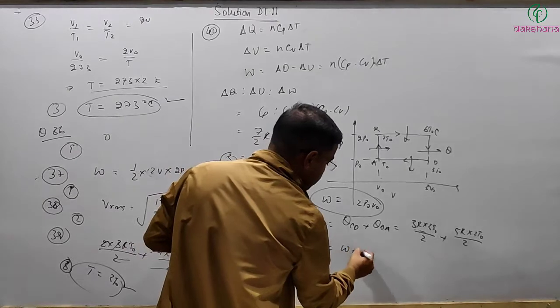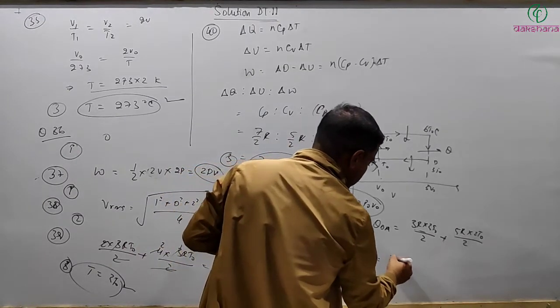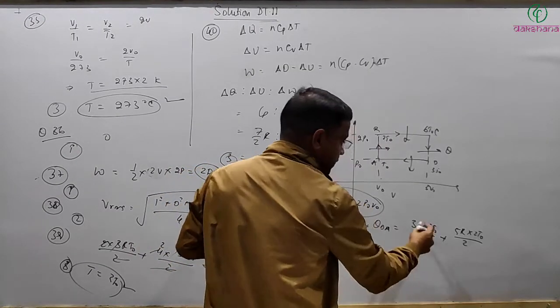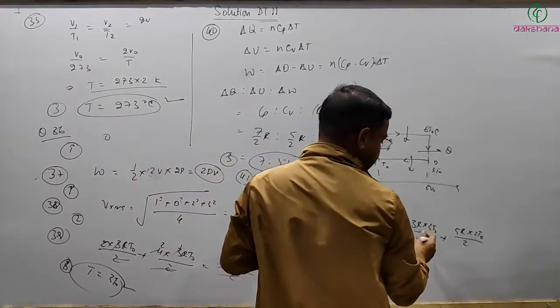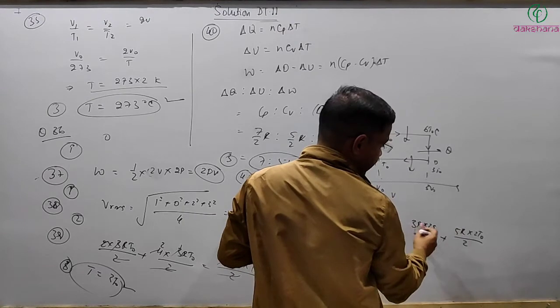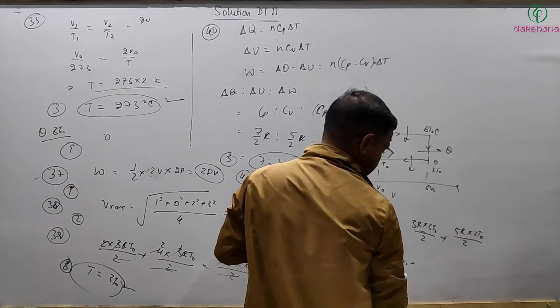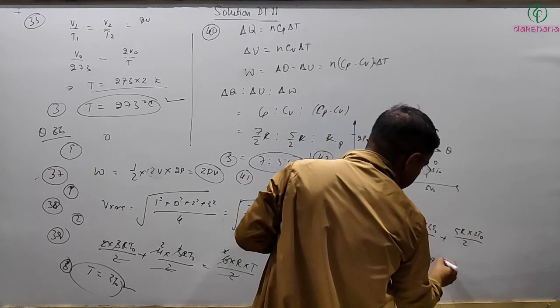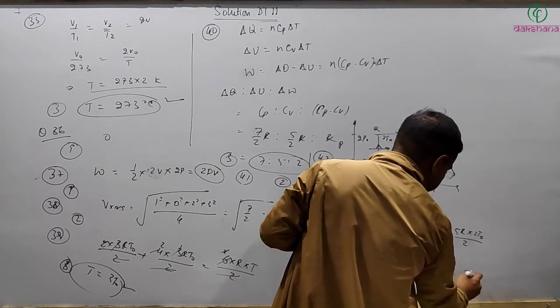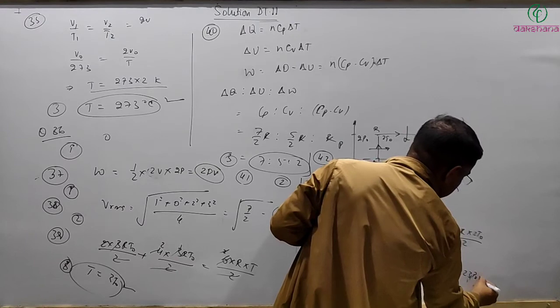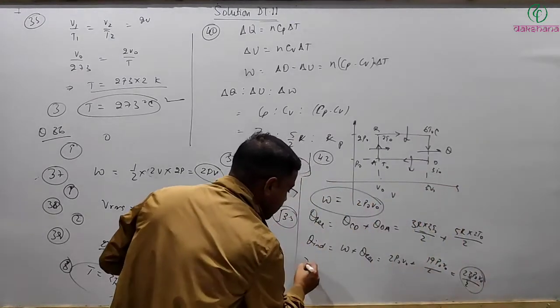Q injected will be equal to W plus Q rejected, that is equal to 2P0 V0 प्लस ये RT0 को अपन P0 V0 लिख सकते हैं, तो ये आ जाता है अपने पास 9 + 10, 19/2, so 19 P0 V0/2 that is equal to 23 P0 V0/2. Then eta is equal to how much?